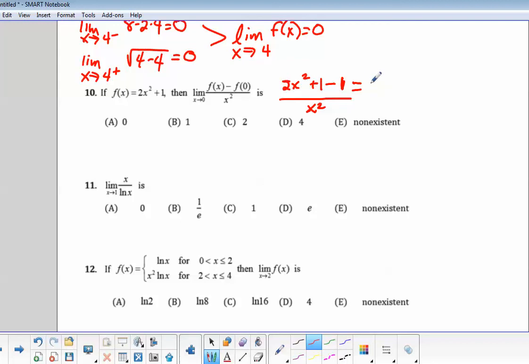So plus 1 minus 1 gives me 2x squared over x squared, and the x squareds cancel, so I just get 2. This is the function y equals 2, which is, of course, straight across at 2. It's a constant function. So no matter what value I'm approaching, the y value should always be 2. So that would be this one here.